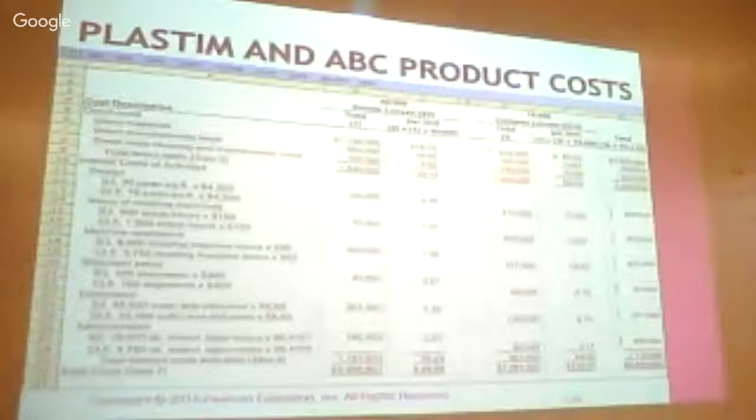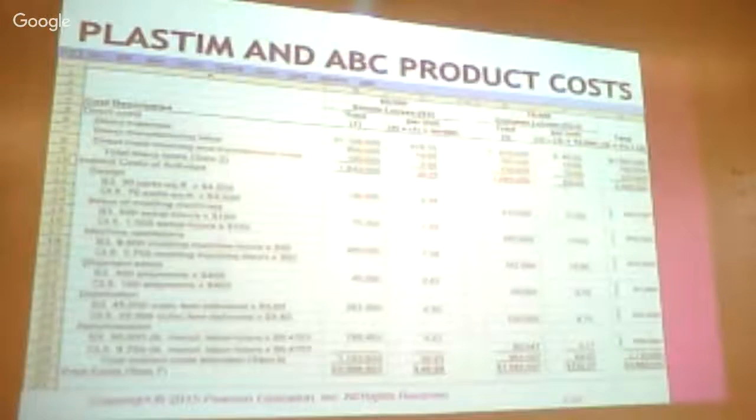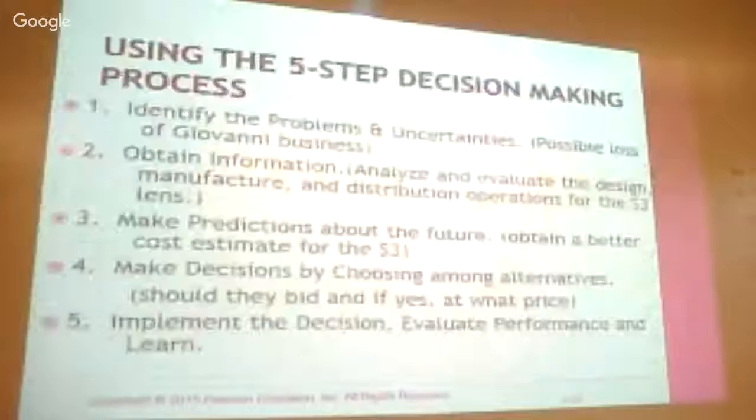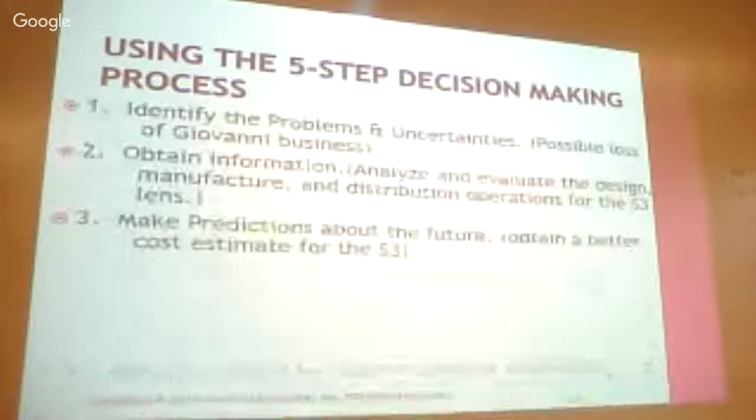If we go back to the very beginning, look at those costs that we had allocated before. All right, $58.75 for the simple, $97 for the complex. Now, when we do ABC costing, what happens?